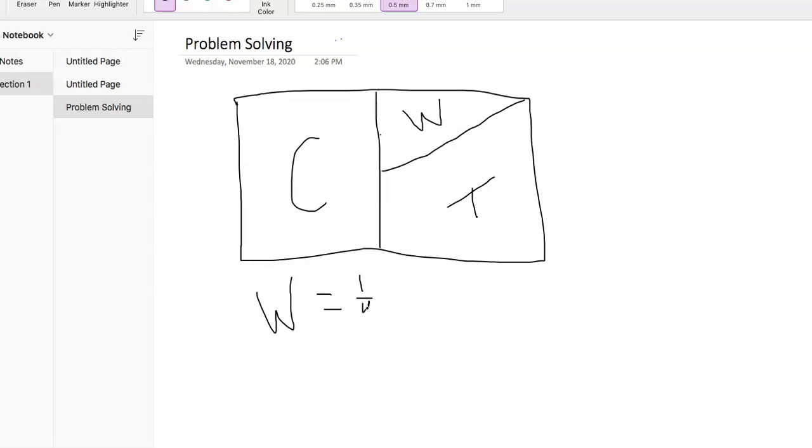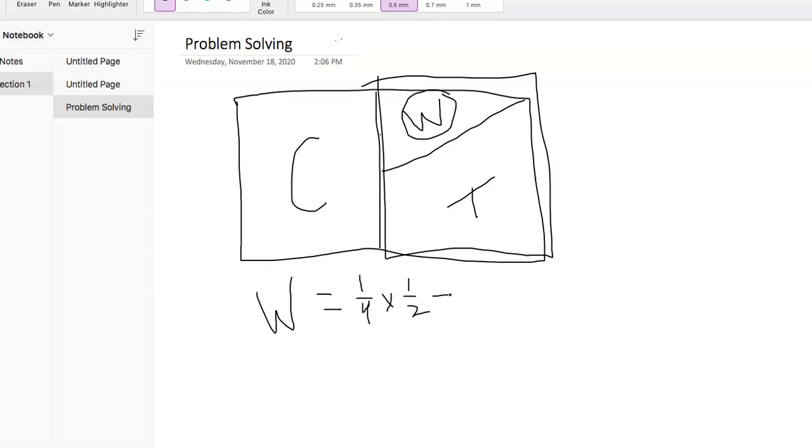We already knew corn was a half, so all of this is a half, and wheat is a quarter of that half. So 1/4 times 1/2 is 1/8. Wheat represents 1/8 of the field.